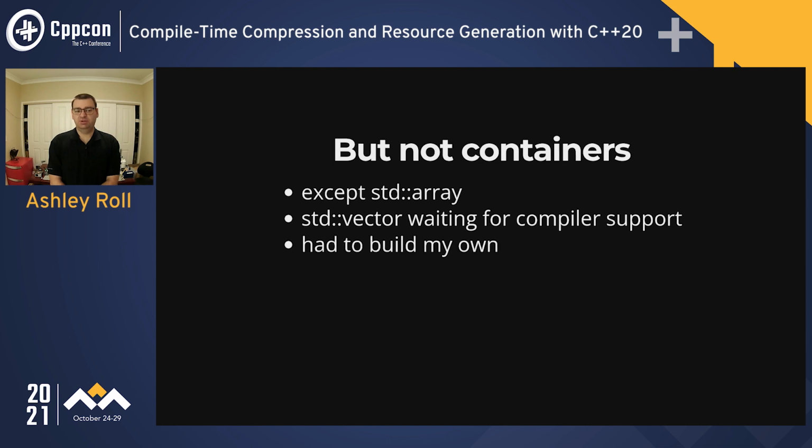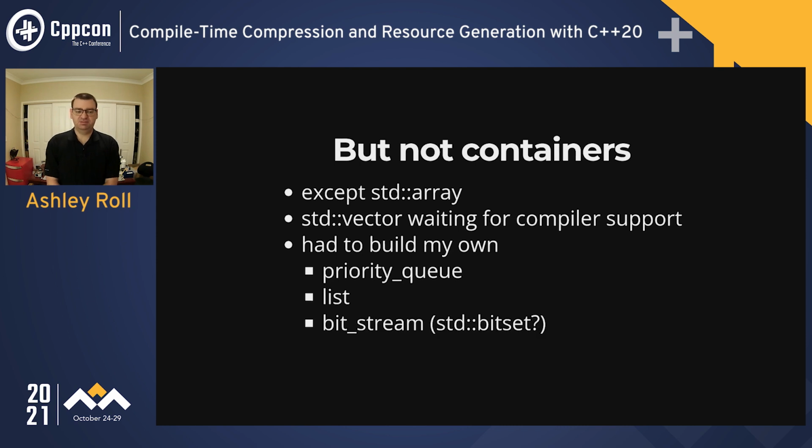So I had to build my own constexpr tooling and try to make it as simple as I could. I built a priority queue, a list, and a bitstream, which is kind of analogous to a std::bitset. I would really like more constexpr containers that would make this sort of experimentation a lot nicer.